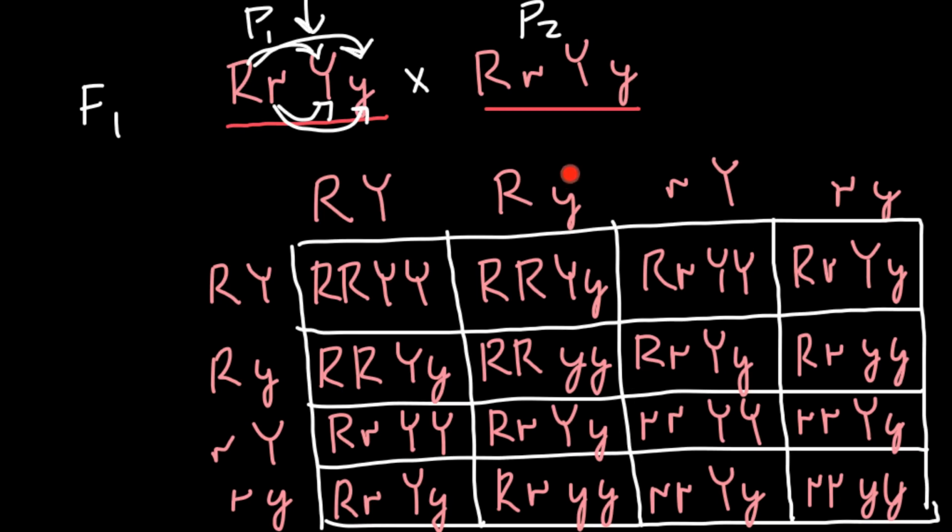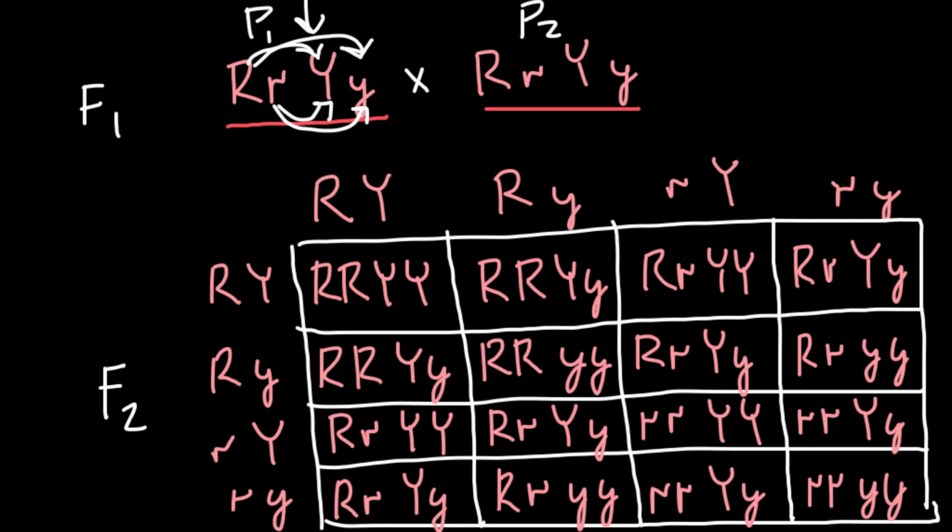So once again, here are the gametes of one parent, here on the side the gametes of the second parent, and here would be the genotypes that are possible in their progeny. So this is going to be the F2 generation.